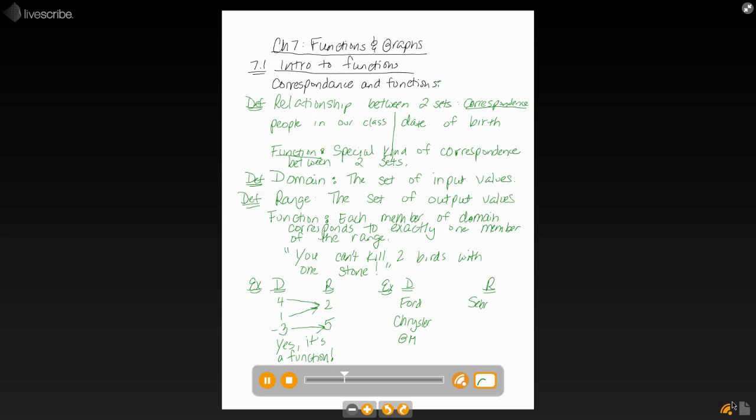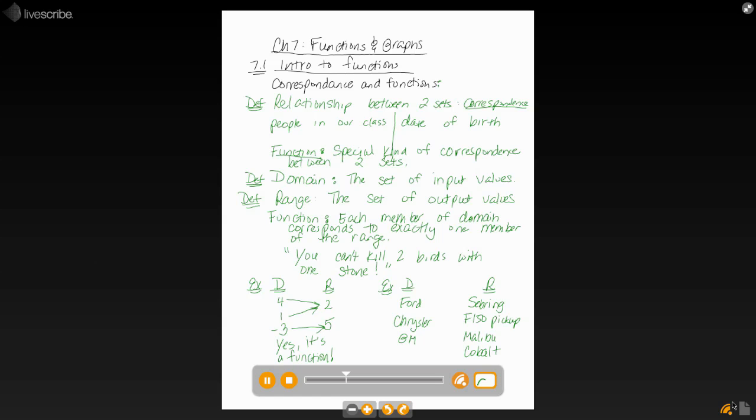Is it? F-150 pickup. Malibu, and Cobalt. I'm not a car person.